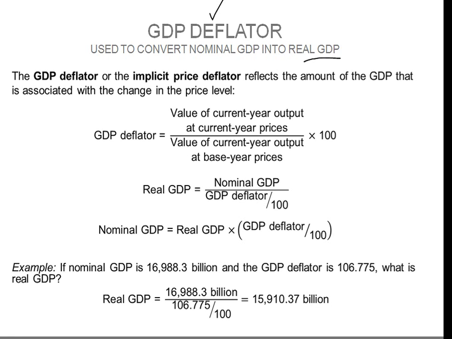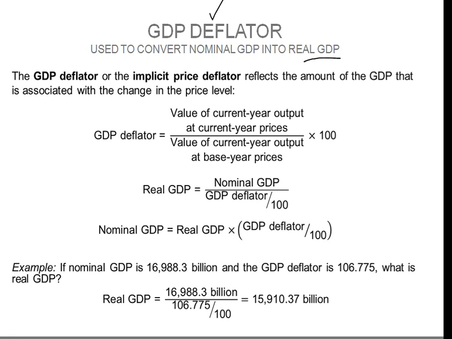When there is a change in GDP because of a change in price, the GDP deflator deflates the nominal GDP by as much as the price changes.